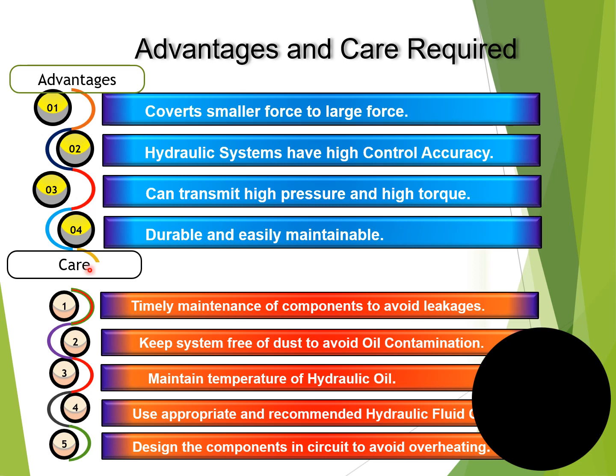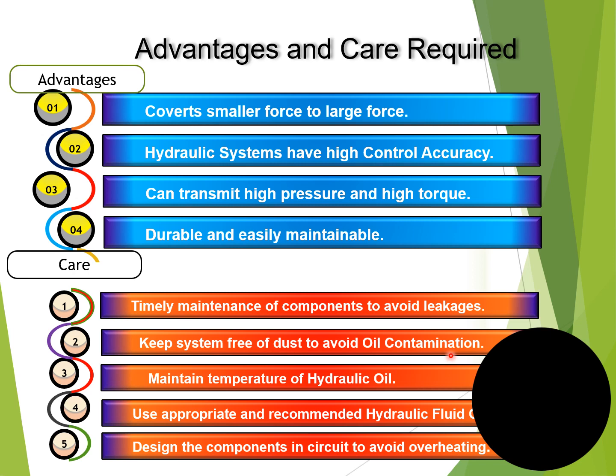Now, what are the cares which have to be taken? One is timely maintenance of components to avoid leakages. The maintenance of the valves and the actuators is very important. Otherwise, the gasket may get cut and leakages may occur. Then keep the system free of dust to avoid oil contamination.